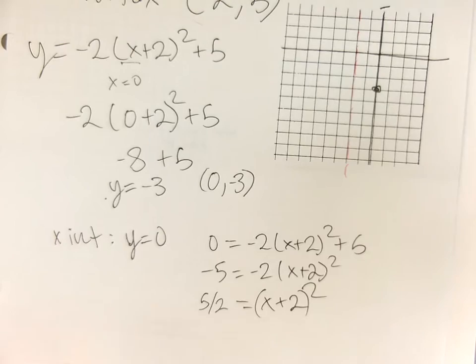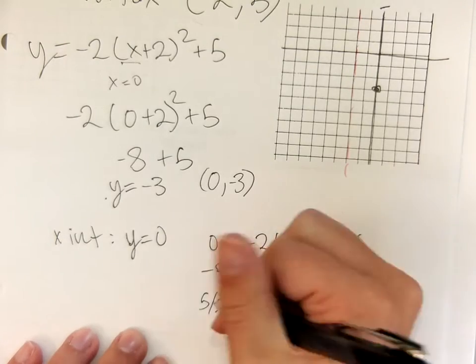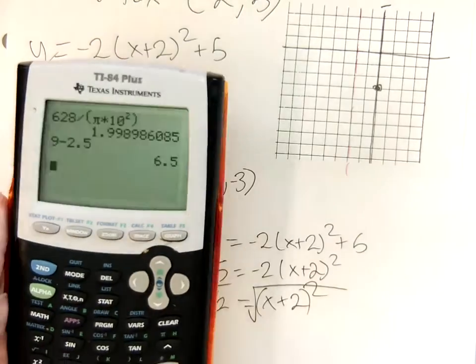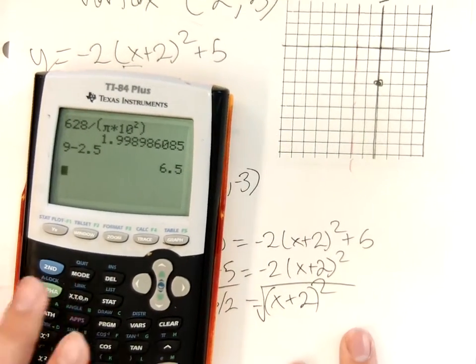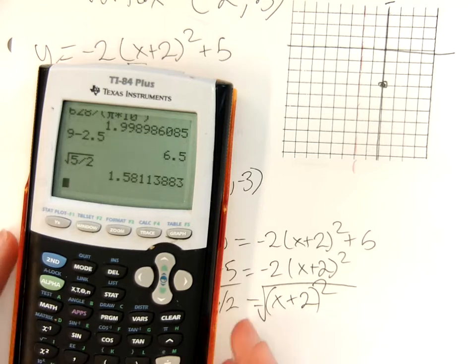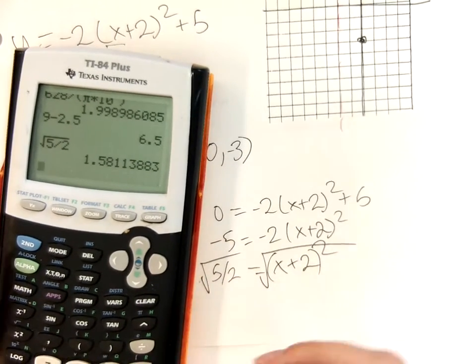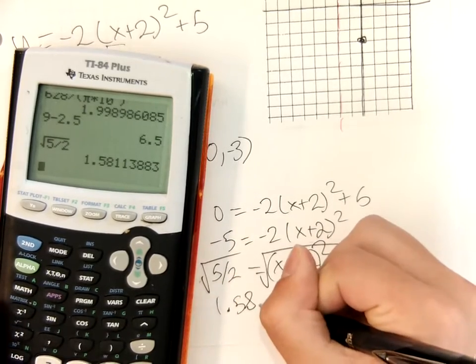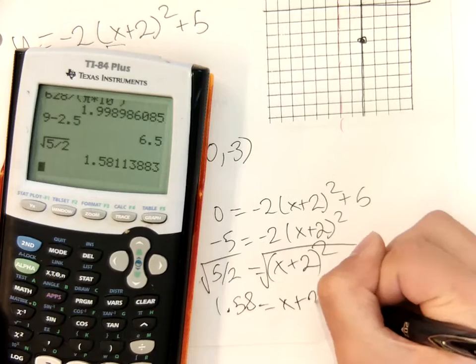All right, you're going to have to use a calculator. All right, so I haven't used one of these in a while. The square root of 5/2 is going to be approximately 1.58 equals x plus 2.